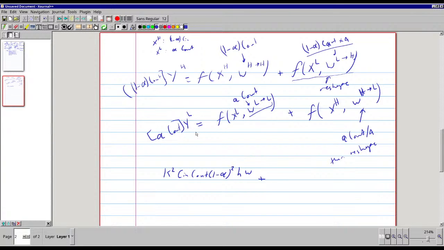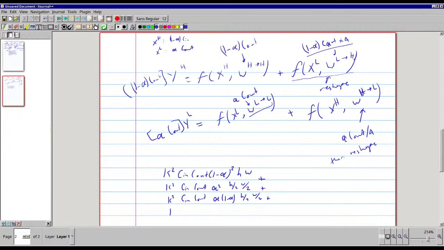Plus this part is K squared Cn C out alpha squared, H over 2 W over 2, plus this part is K squared, the number of input is alpha Cn, Cn C out alpha 1 minus alpha, and the dimension is H over 2 W over 2.